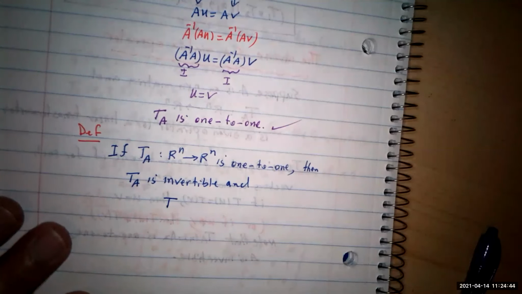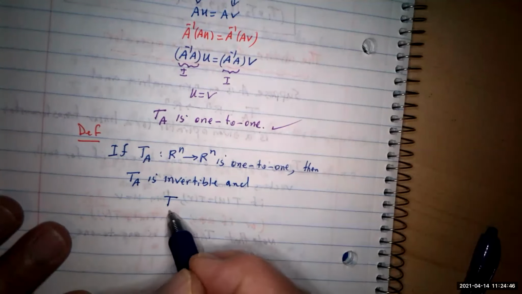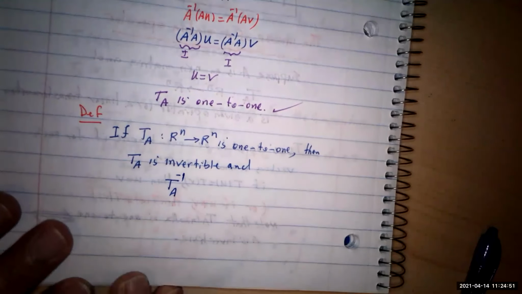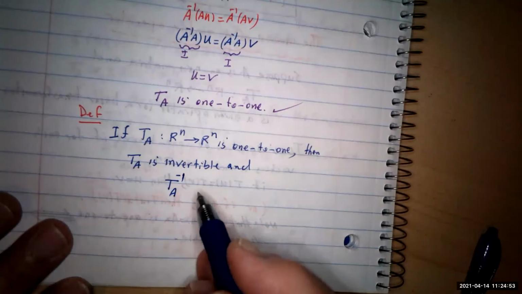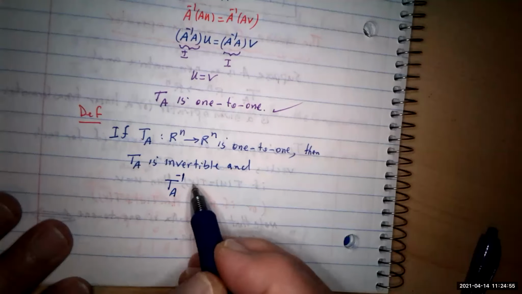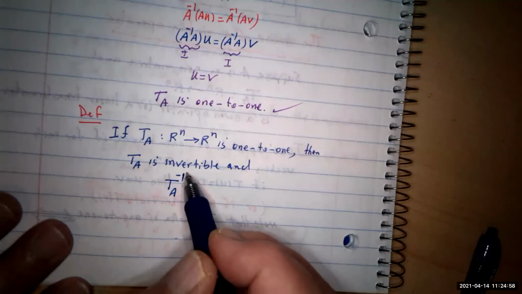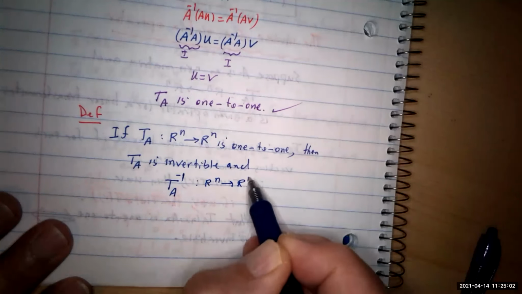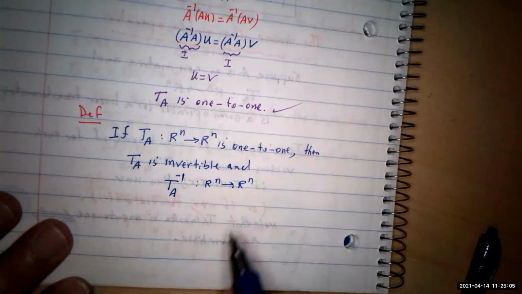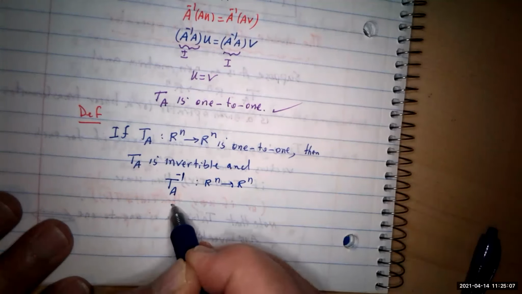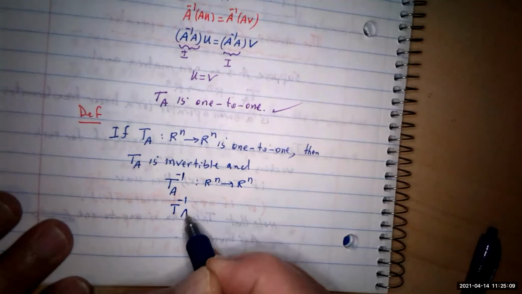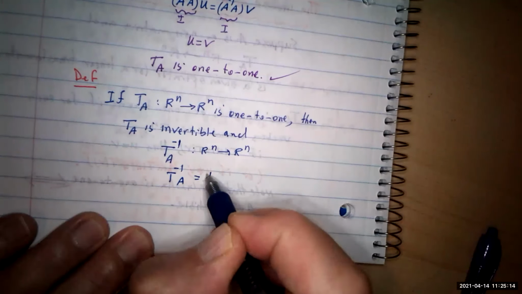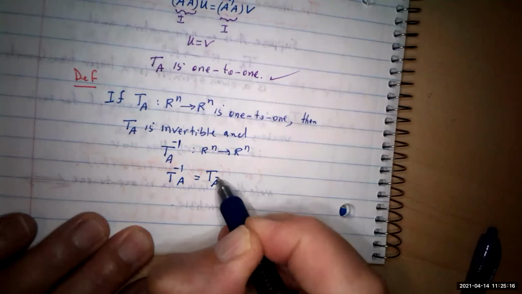So what is going to be the inverse of the T_A? It is going to be an operator from Rn to Rm, defined by T inverse of A. See, it's the same as T of A inverse.